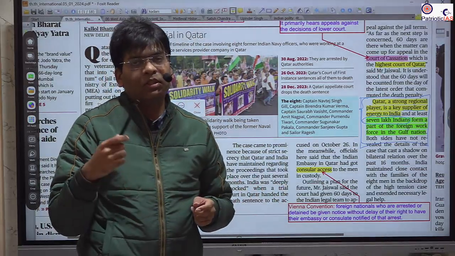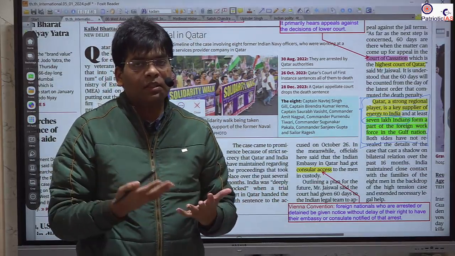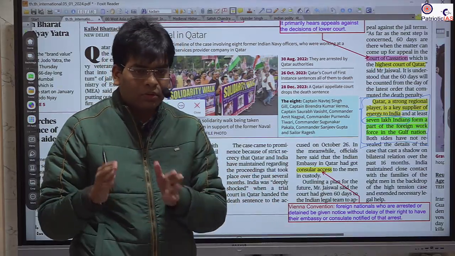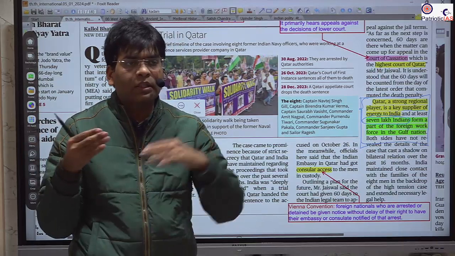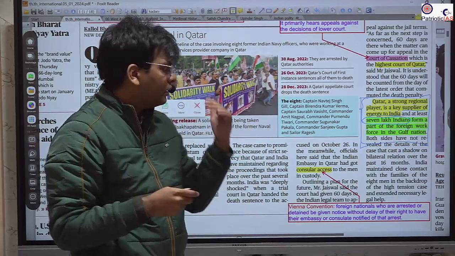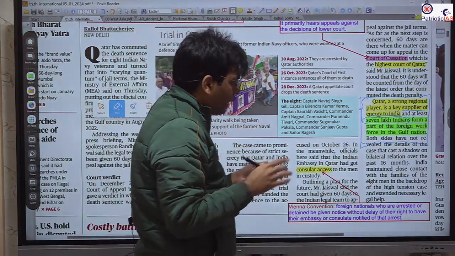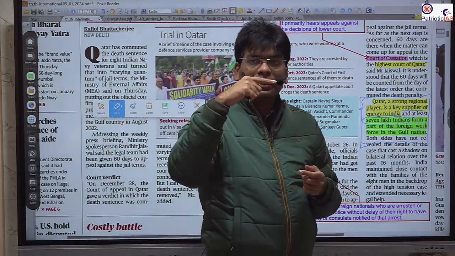You should always remember that the Vienna Convention comes in whenever foreign law is applied to a person who is a citizen of some other country, convicted or having committed some crime in another country. The law of that particular country will be applied.